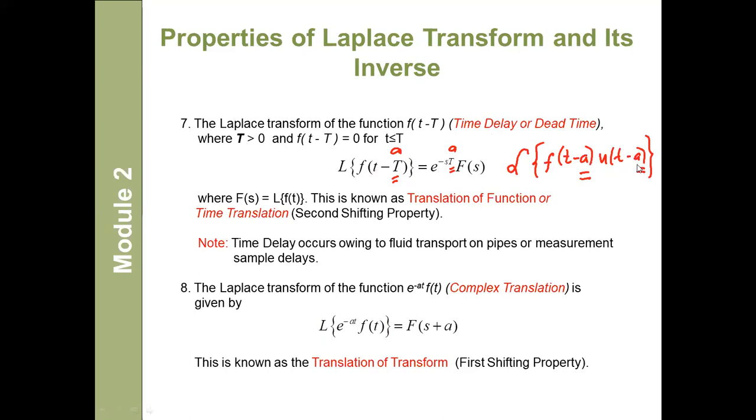So it could be also, class, that the shifting here is not similar to this one. I'll give you specific examples later. In here, this is very easy because this is just the ordinary first shifting property. We just refer to it here as the complex translation, or we say that the transform, specifically the Laplace transform, has been translated, or that's translation of the transform.